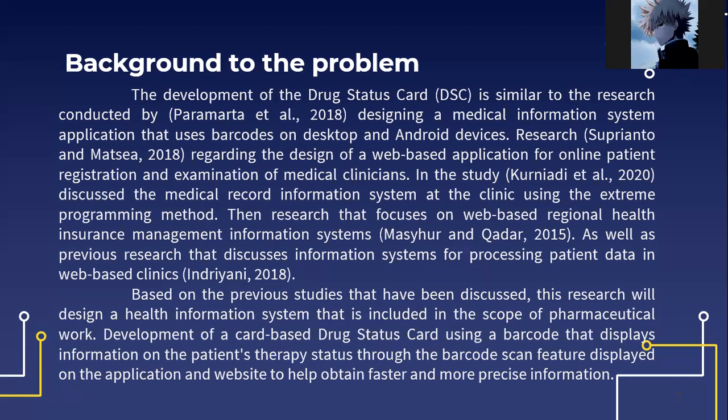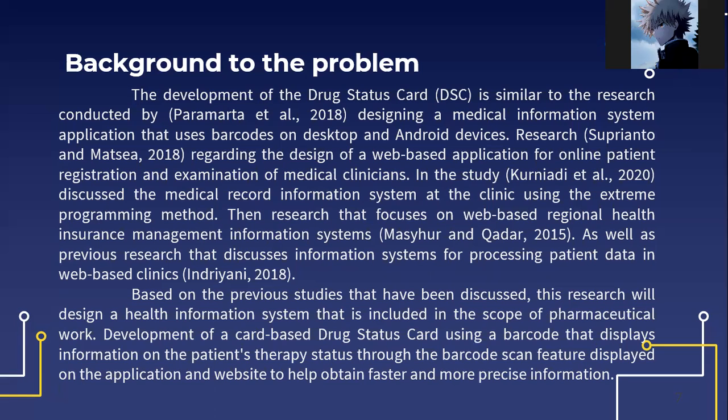Kurniadi et al. 2020 discussed the medical record information system at the clinic using the extreme programming method. Then research that focused on a web-based regional health insurance management information system, 2015, as well as previous results that discuss an information system for processing patient data in web-based clinics, Riani 2018.